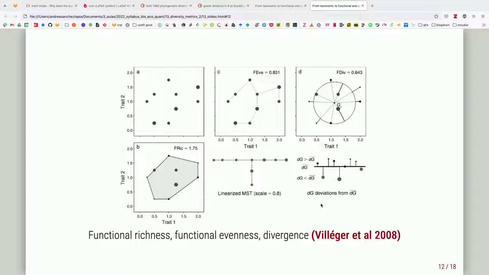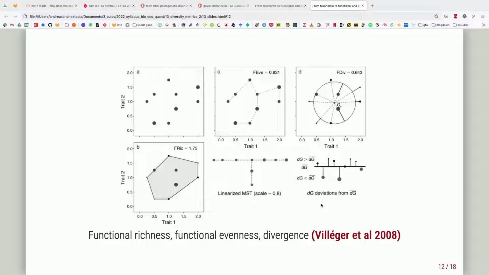This functional richness, evenness, and divergence can be calculated in package FD. I haven't used it because when I started working with this, I wanted something that could be unified, and this is a very different framework.